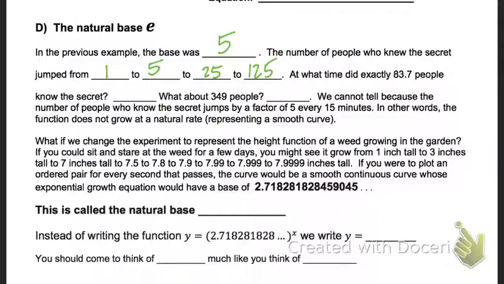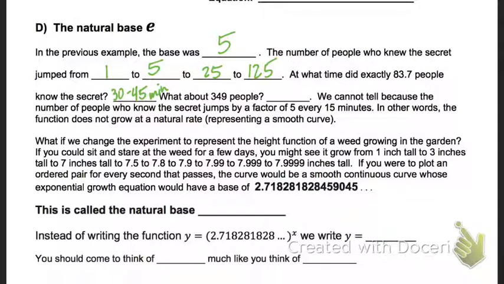And we don't know the exact time that 83.7 people knew the secret, but it's somewhere between 30 to 45 minutes, but we can't pinpoint an exact time. And 83.7 people isn't even an actual number because you can't have 0.7 of a person.